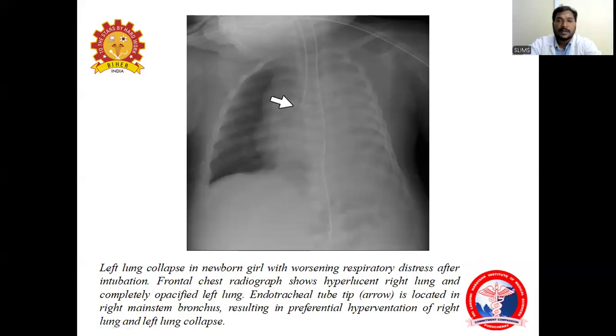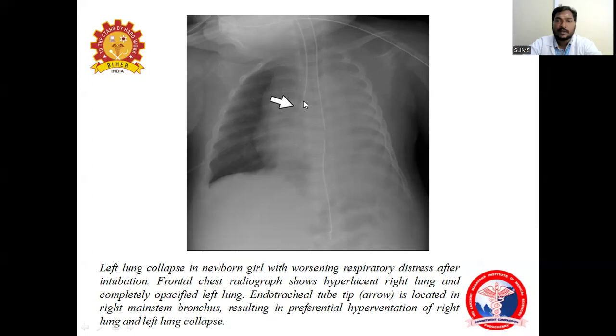This is mainly iatrogenic because of the intubation, and the tip of the endotracheal tube is seen in the right main bronchus, resulting in hyperventilation of the right lung and collapse of the left side of the lung.